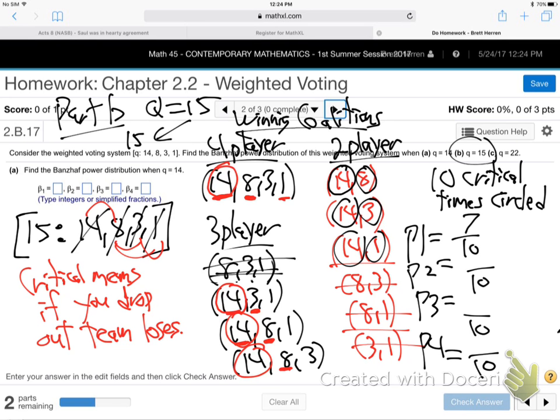So he has 70% of the power, doesn't he? Out of all the times power could be exercised in all possible scenarios for this group and how they vote, 7 of the 10 times player 1 had the power. If you divide that in your calculator, you get 70%, or 0.70. I don't care, decimal, fraction, percentage, whatever. It's just multiple choice on the test. Just grab the one that's the same. I don't even know what format.